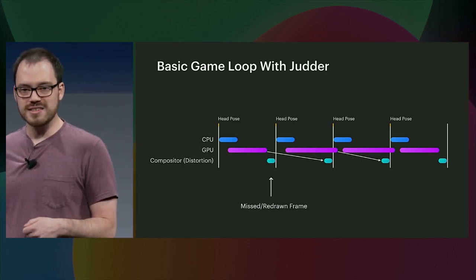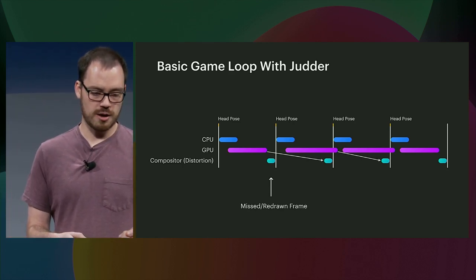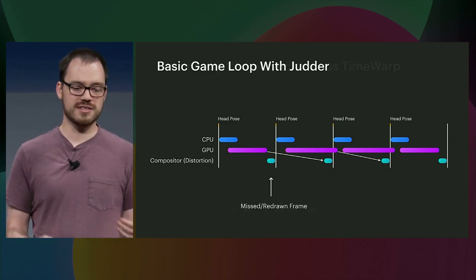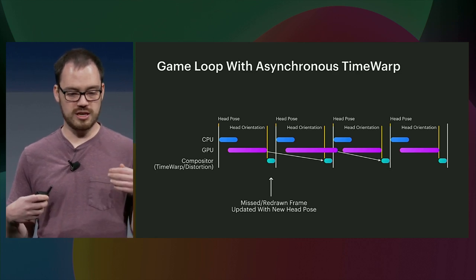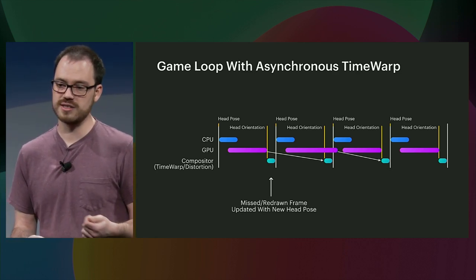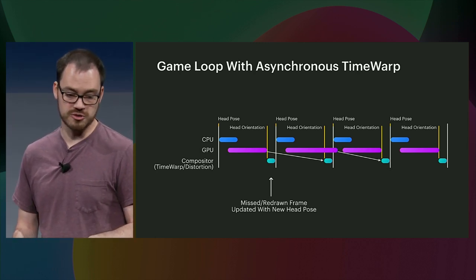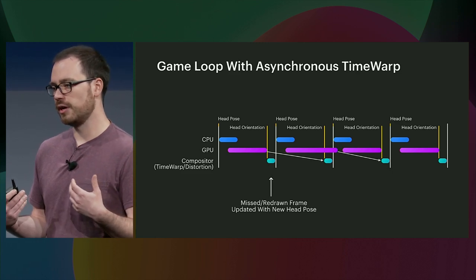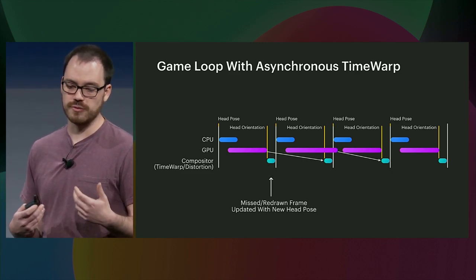And so we use asynchronous time warp to correct for this. What we do is have the compositor sample the head's orientation right before it's about to commit the frame, and then translate the image. So the world stays up with your latest head pose, and you don't break that immersion, and you avoid discomfort.